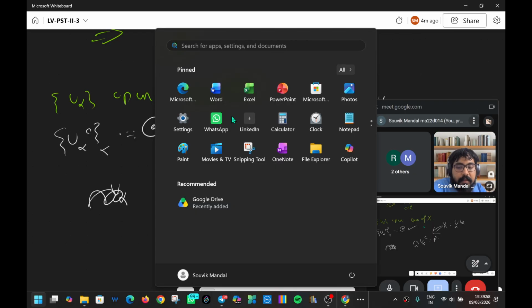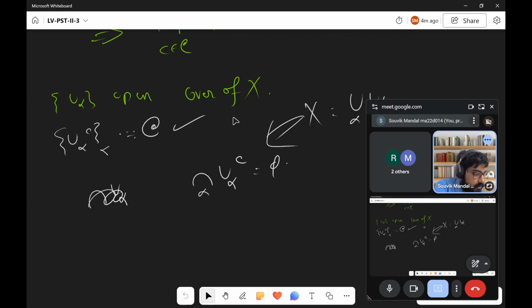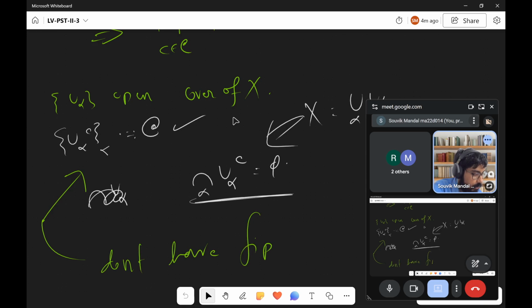Since the whole intersection is empty, that means the collection C doesn't have FIP.